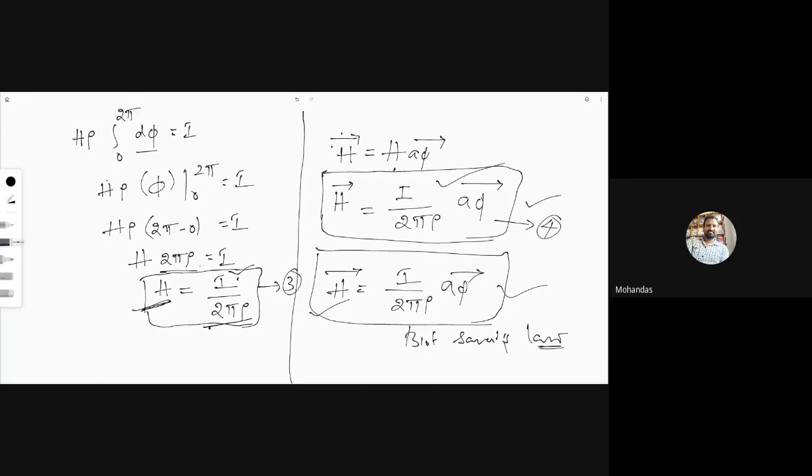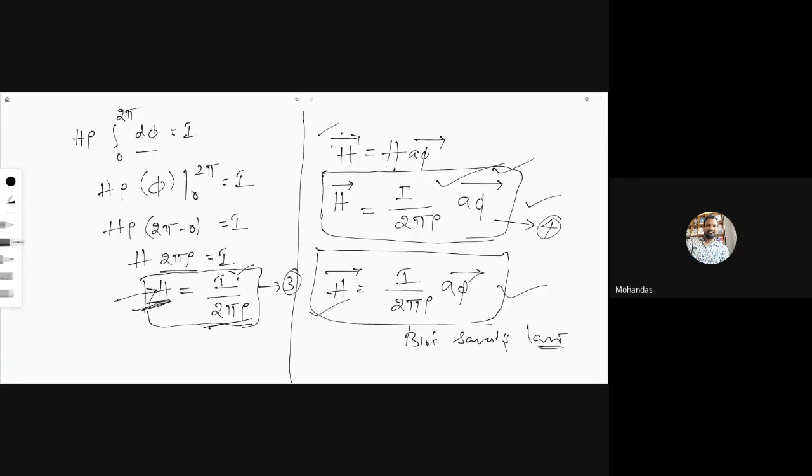So this is an application of Ampere's circuital law, used for calculation of magnetic field intensity due to an infinite conductor. After getting the magnitude of H here, we have to substitute it in the third equation, H equal to H into a phi.